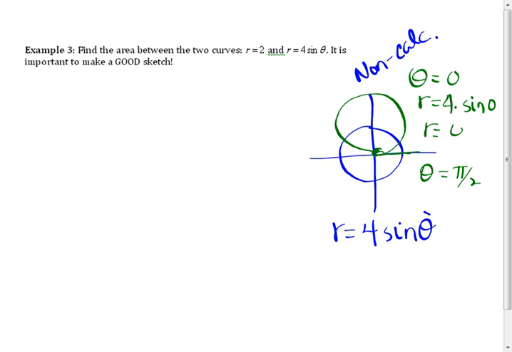Now you're going to rotate through this 90 degrees. R is equal to 4 times the sine of pi over 2. So that's just 4. So this is 4. So what's the radius of this circle? 2.